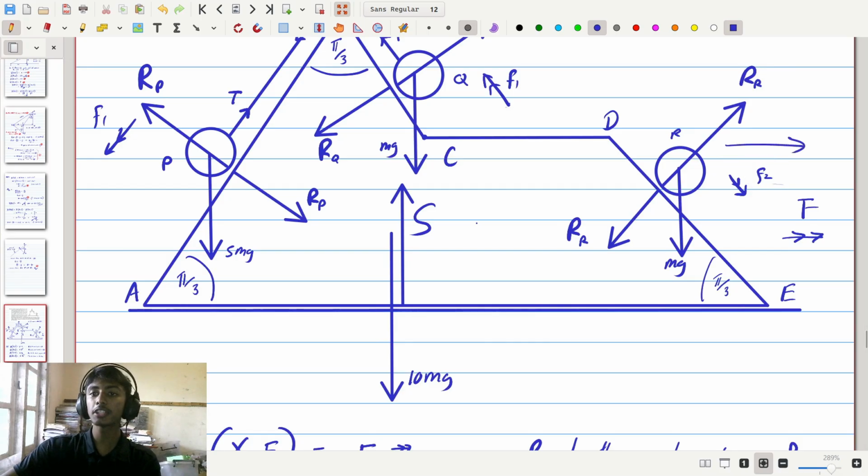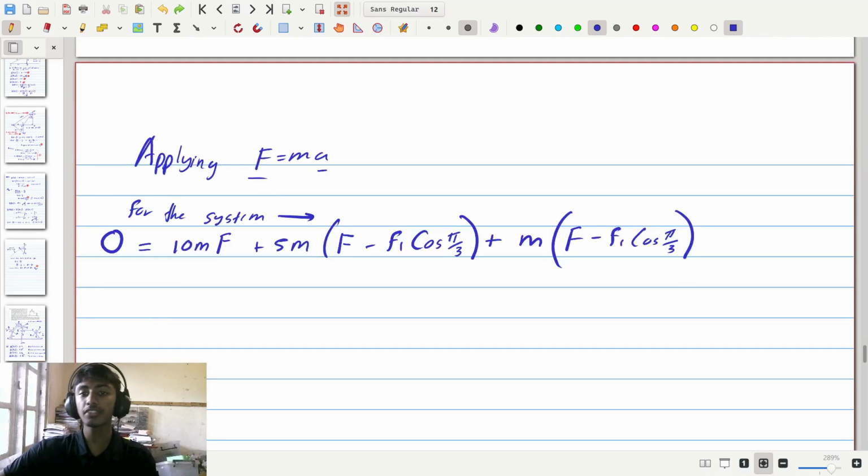Since the rightward direction is positive, that F2 cosine pi by 3 is actually positive, and to that we need to add F, since that acceleration of F2 cosine pi by 3 is R relative to X, and we need to add to that X relative to the Earth, which is F. So therefore the overall term is going to be plus m multiplied by F plus F2 cosine of pi by 3, and that we're going to call equation number 1.